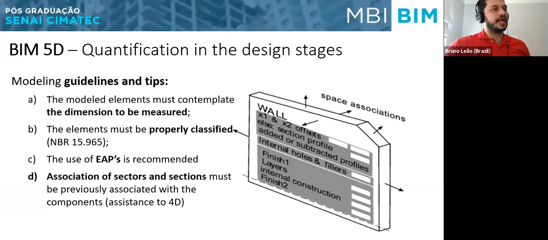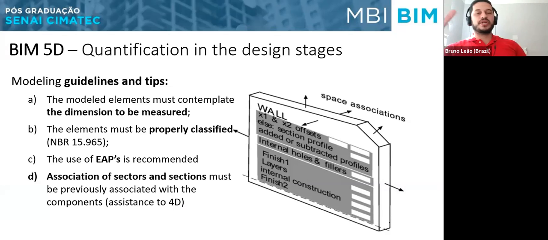And here are some guidelines and tips that help us to define what should be modeled and what shouldn't be modeled when you are trying to develop a BIM 5D model. When you are talking about the modeling of a BIM 5D model, the model elements must contemplate the dimensions that should be measured.